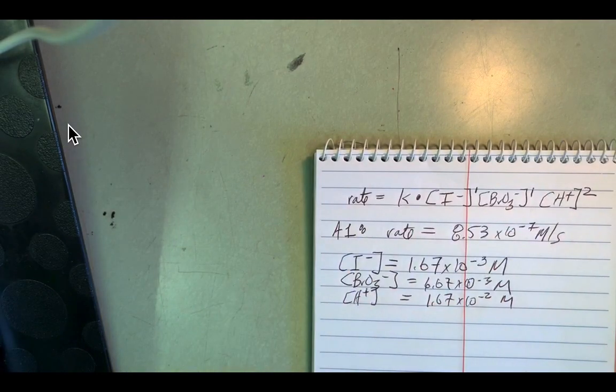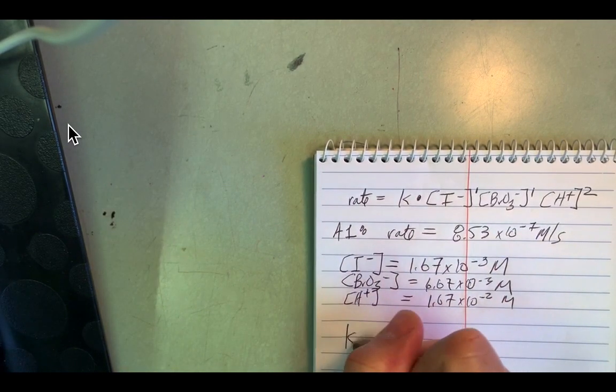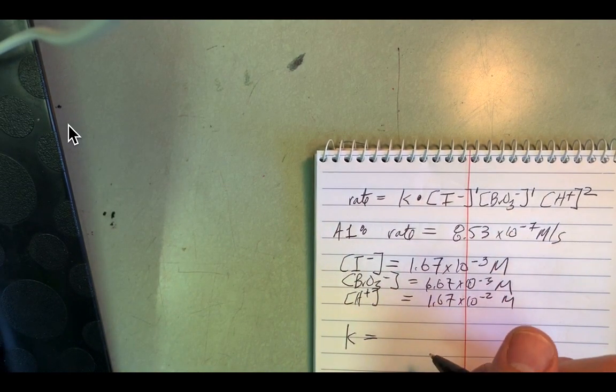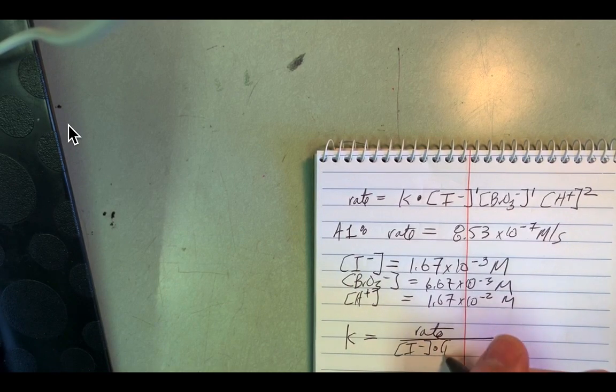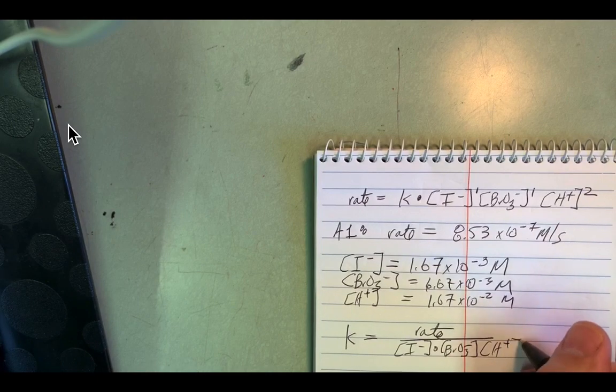Now I just have to rearrange that and solve for k. k is equal to rate divided by everything else: I minus, BrO3 minus, and H plus squared.